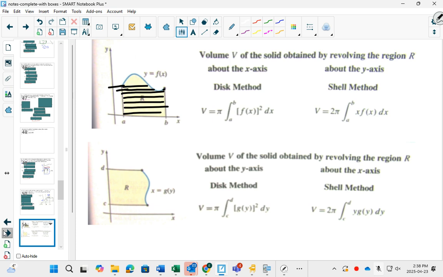It's just not nice to do it that way. So if your radiuses can stay nice, this would be one where if you were doing it about the y-axis, it would make sense to use cylinders to go about it.